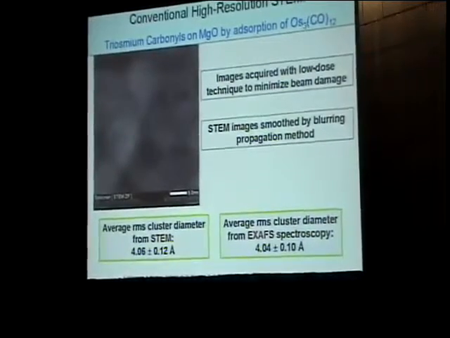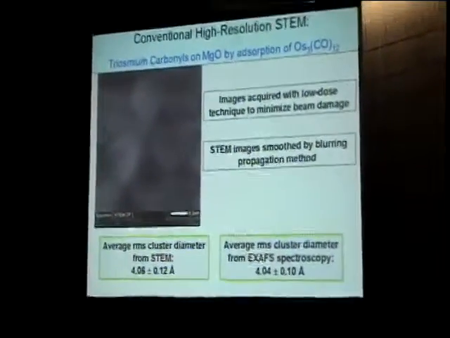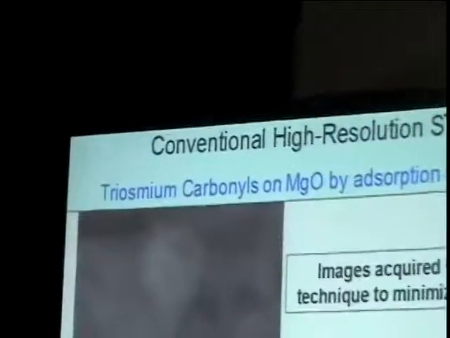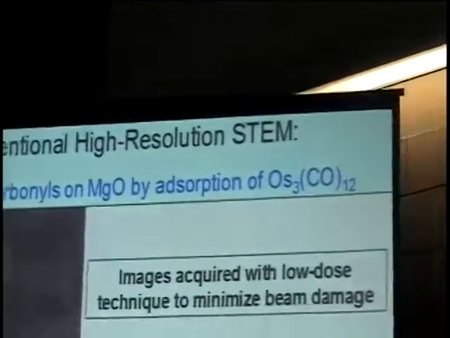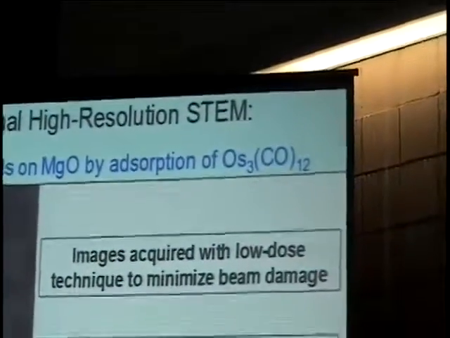So one can, using crystallographic data for that parent compound, calculate the dimensions of the clusters from the EXAFS, and the values match. The EXAFS and the microscopy values match, which says that we've done the preparation effectively, that we've gotten a high yield of the desired triosmium on the support, which is reassuring. It means if we're trying to make simple samples, we succeed.